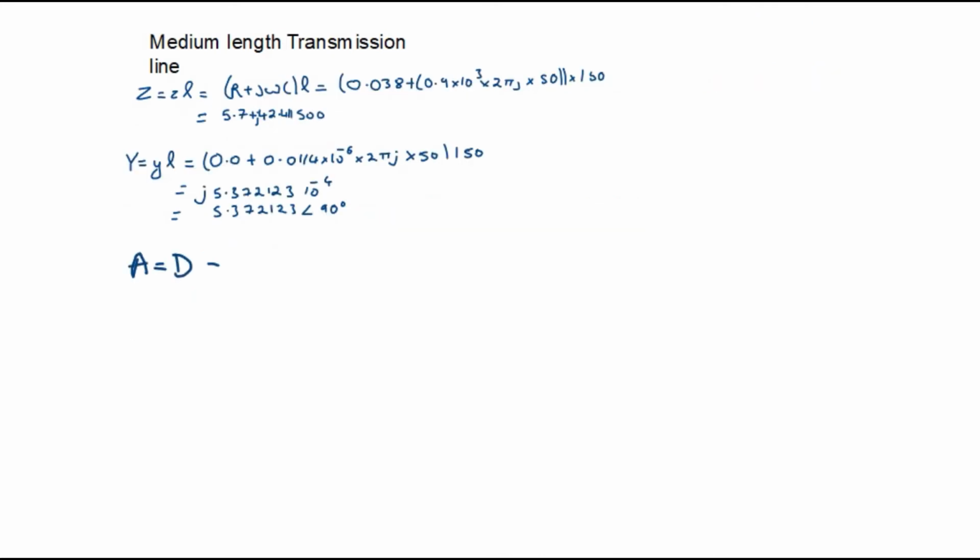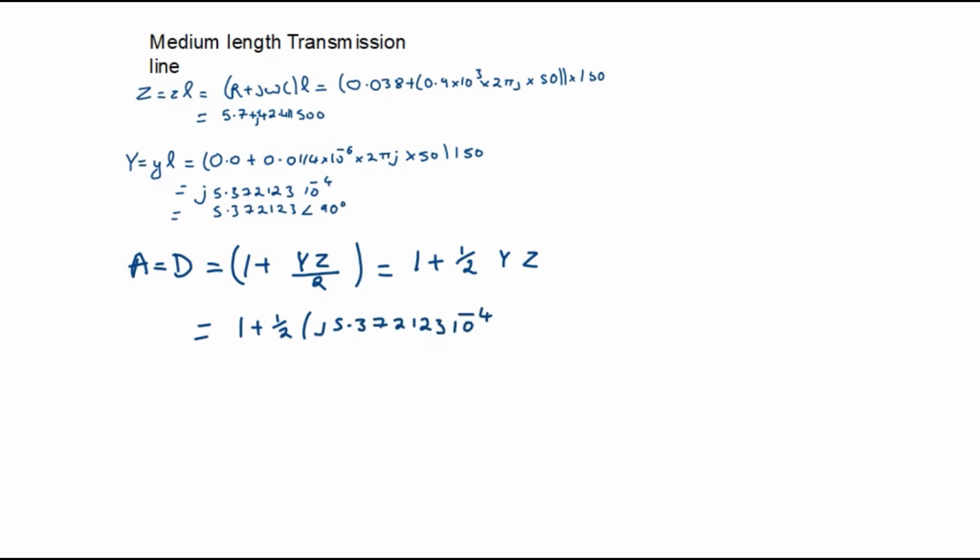Next, let's calculate the ABCD parameters. A is equal to D, which is 1 plus y times z all over 2. This is equal to 1 plus a half times j5.372123 10 to the power minus 4 times 5.7 plus j42.411.